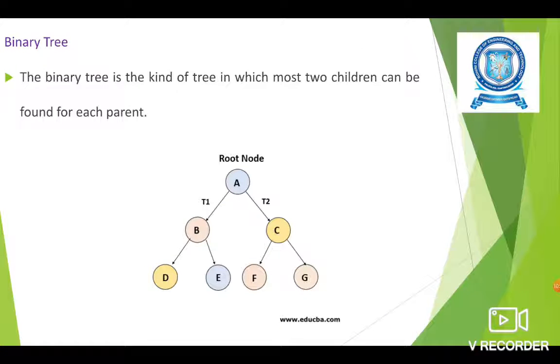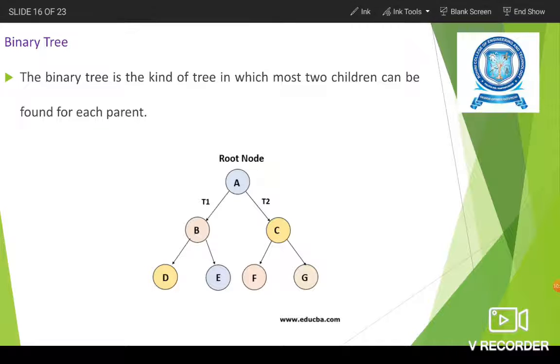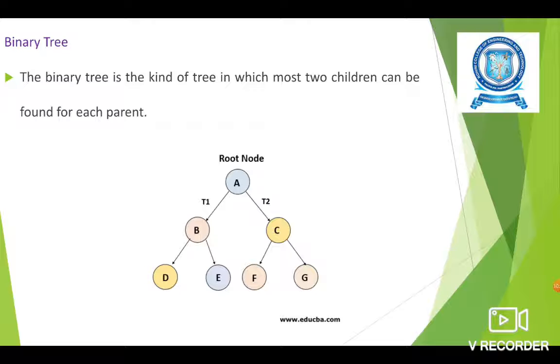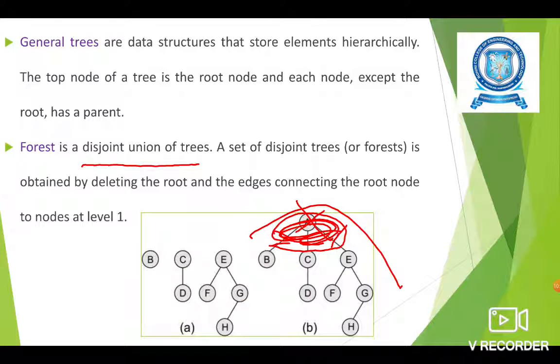Then binary tree, it is one type of tree in which each and every node must contain at most 2 children. Okay, for each node you must have at most 2 children. So what about the node C?